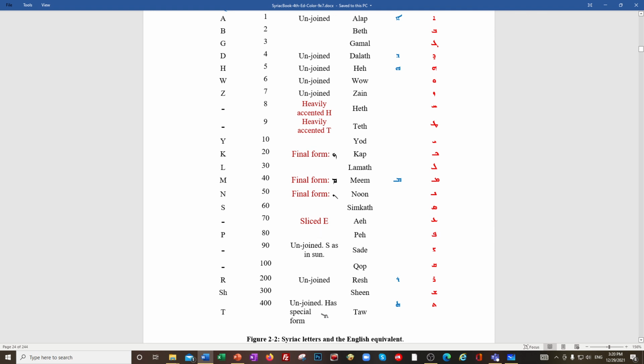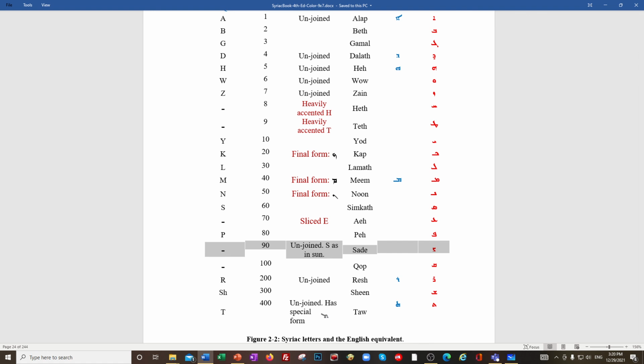Sade, an unjoined letter. The sound of sade is like an S in sun, S as in sun, sa. Numeric value is 90. I don't have any equivalent letter to sade in English. Again, those are comparing to the English language.